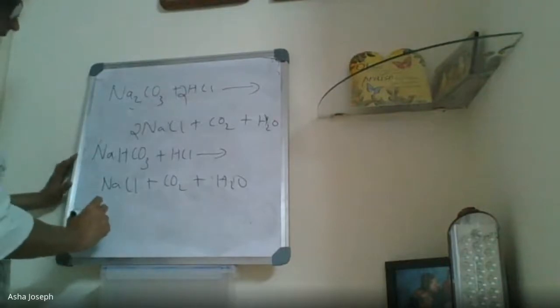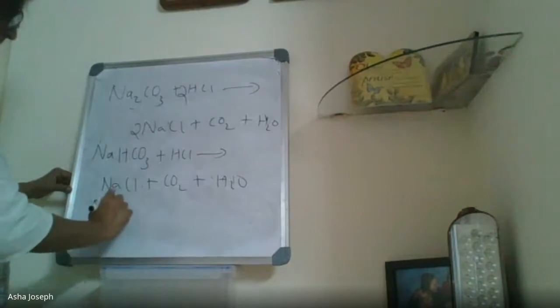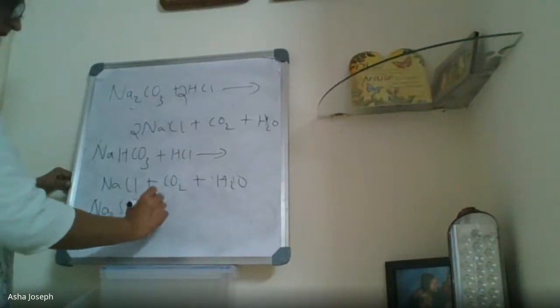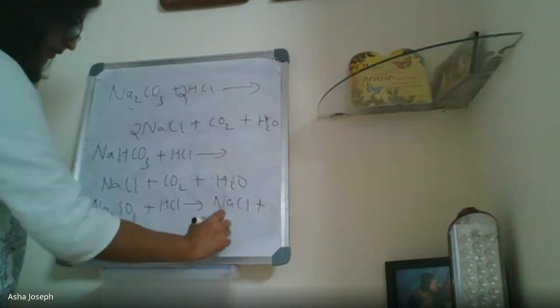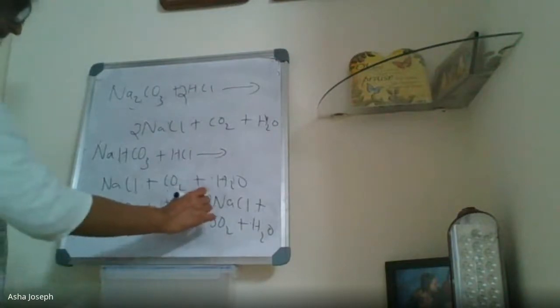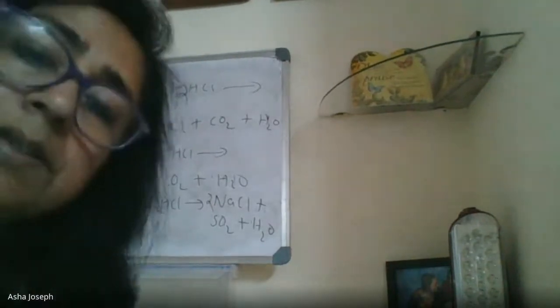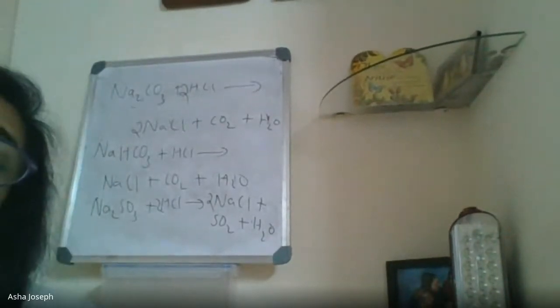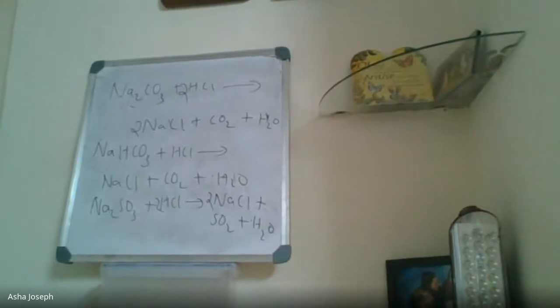So these two done. Next one is sodium sulfite, Na2SO3 plus HCl. You will get NaCl plus SO2 plus water. So these equations show that they decompose salts of weak acids. These are easy equations which you already learned.